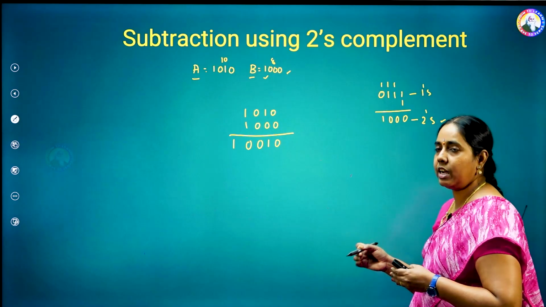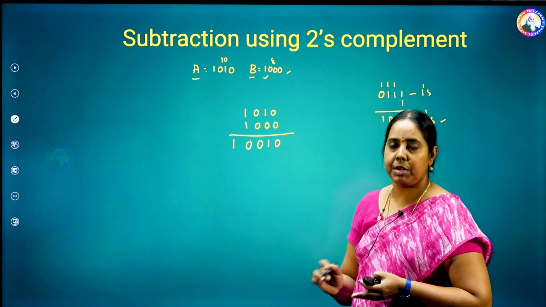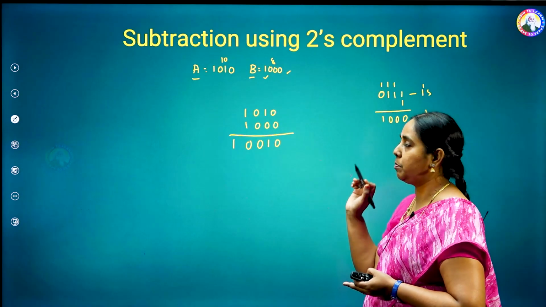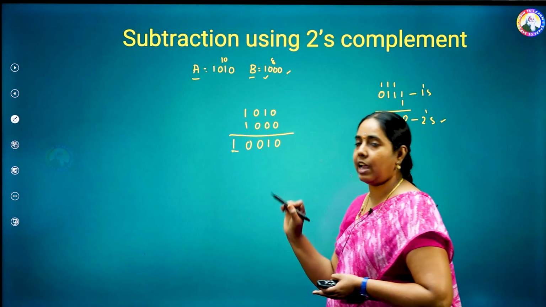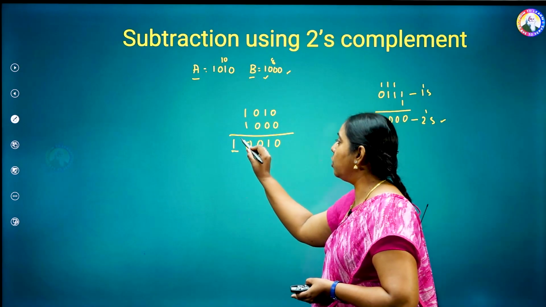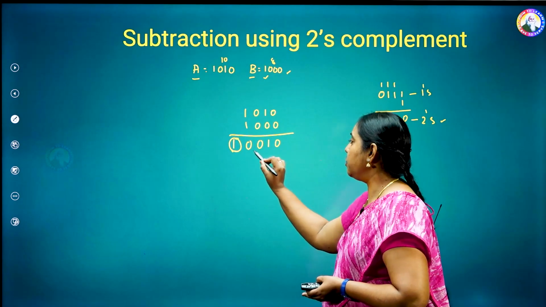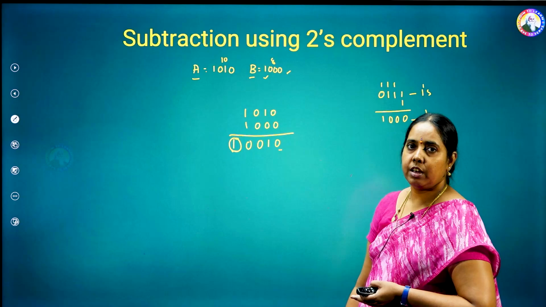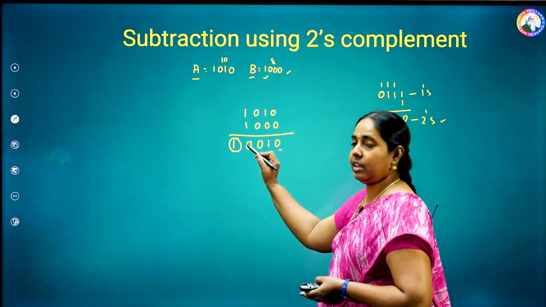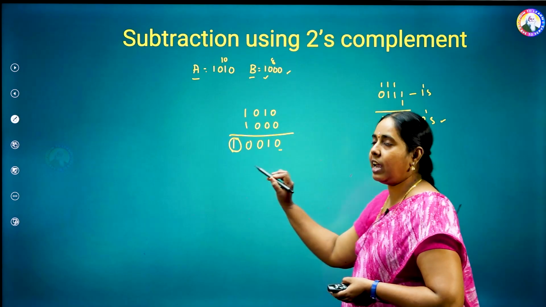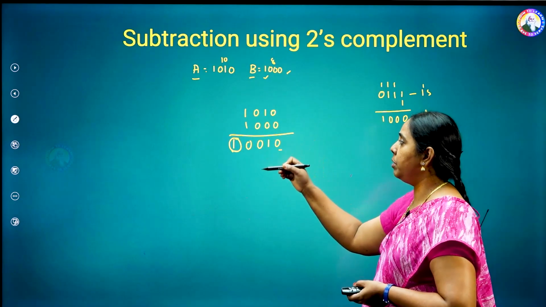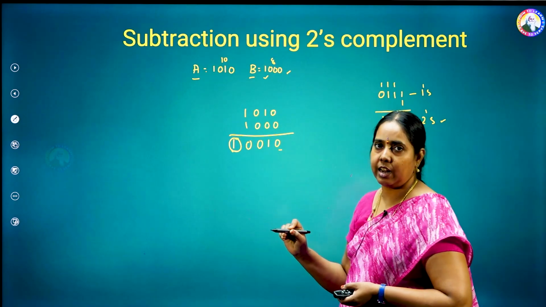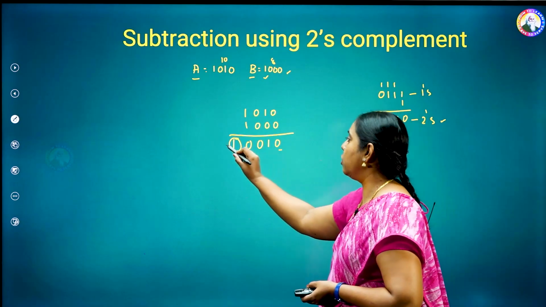What are the rules that I need to follow in subtraction using 2's complement? If carry exists, I need to ignore that carry and the rest will be the result. If carry doesn't exist, I need to take the 2's complement of the result. In this operation I got 1 as a carry, so I ignore this carry.